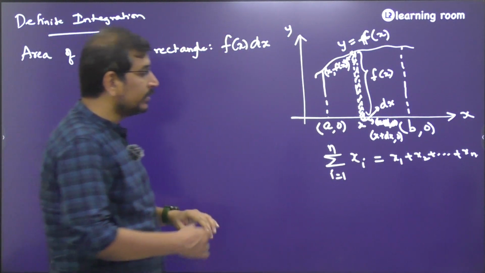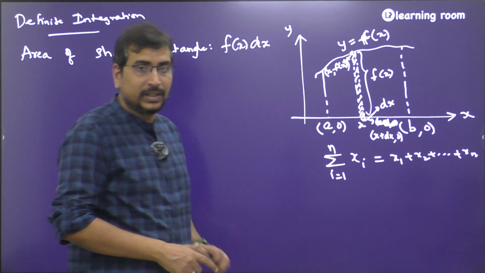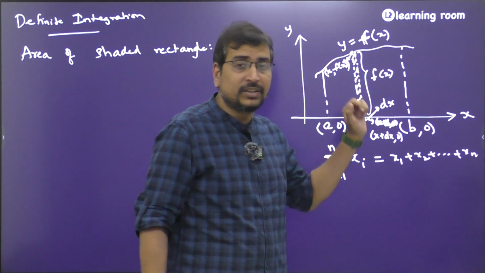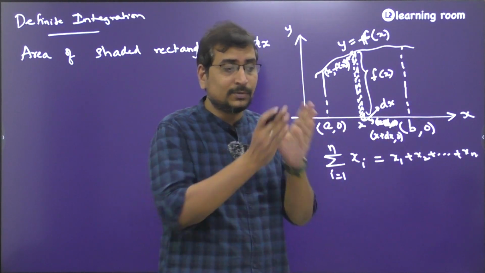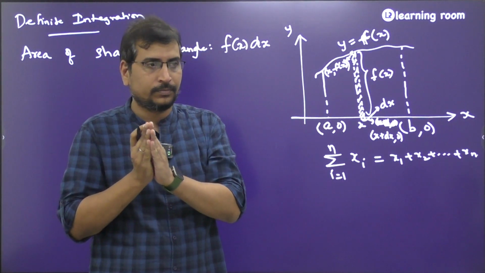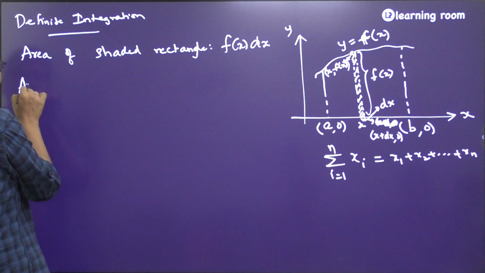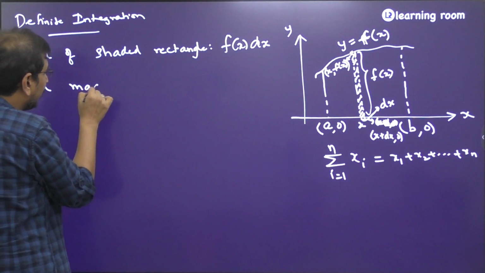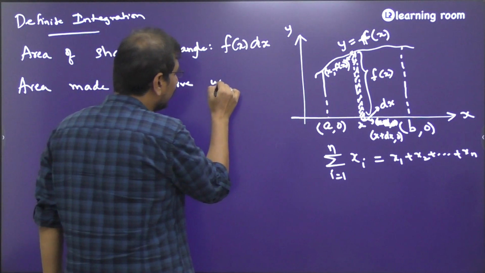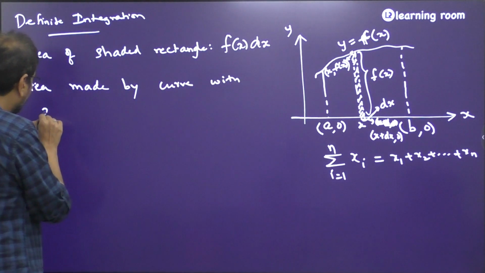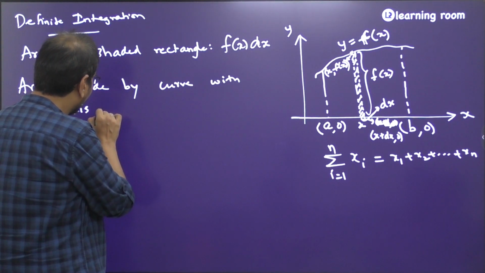Now, you will use a sigma when you have discrete data in your hand, whereas here you have continuous data, meaning you have infinite such rectangles which are attached to each other. So whenever you have continuous values, to find the area made by the curve with the x-axis, you write it like this.